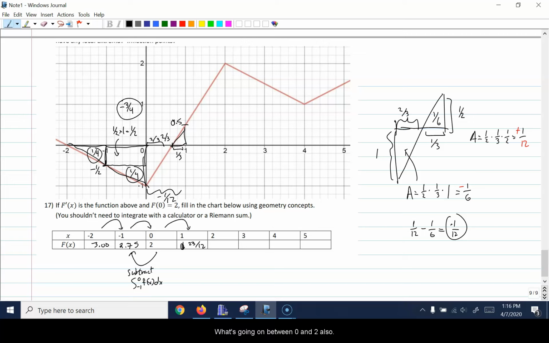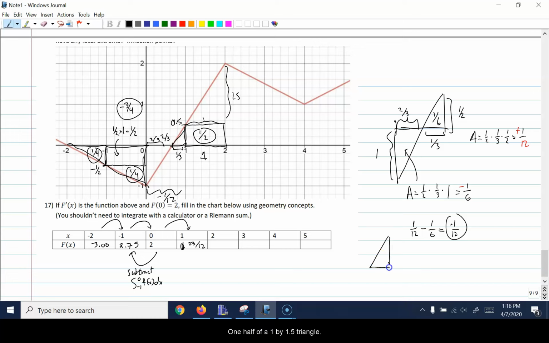What's going on between 0 and 2? This one's going to be rough also. I have a base of 1 and a height of 1/2 on this rectangle, so 1 by 1/2 makes a rectangle of area 1/2. This triangle has a base of 1 and a height of, we're going from 1/2 to 2, so that's 1.5.